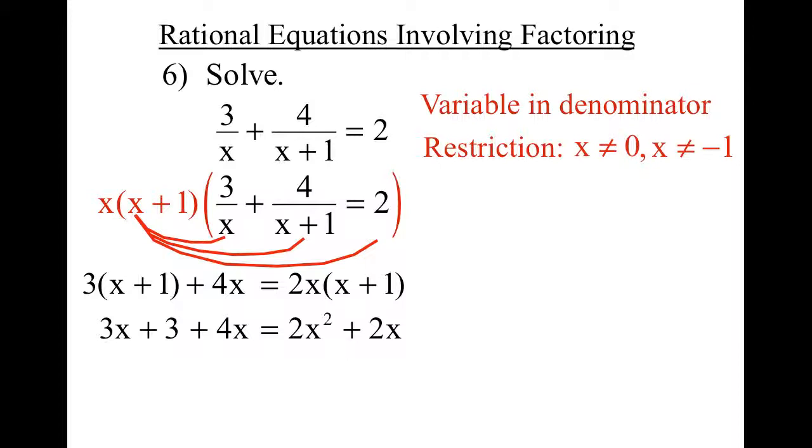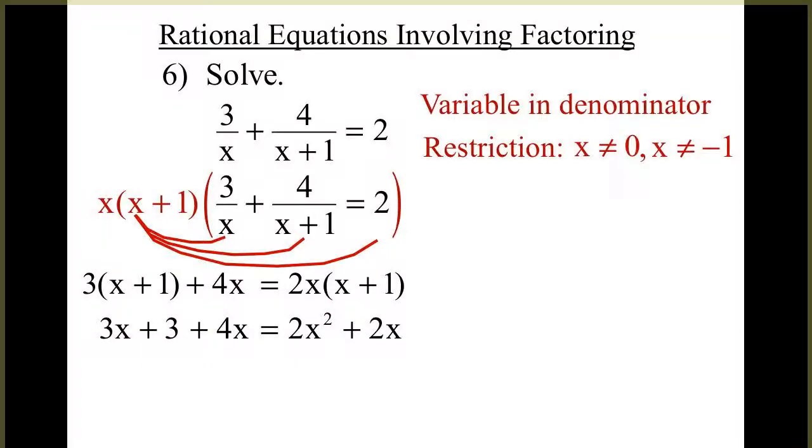So I'm going to move all this stuff over there so I can keep that quadratic positive. If I move that the other way, I'll end up getting in trouble and have a negative, so it's just easier to factor. It looks cleaner.